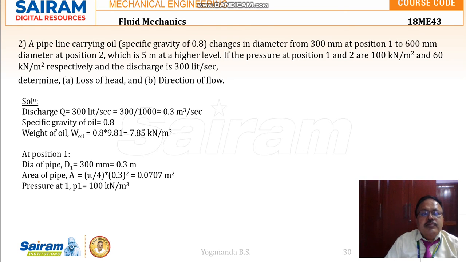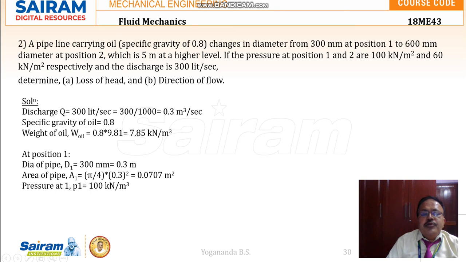Now another problem. The pipeline is carrying oil with the specific gravity 0.8. The change in diameter is from 300 mm at section 1 to 600 millimeter dia at section 2. So diameter D1 is 300 mm at position 1, and the area of the pipe is pi D1 square by 4.